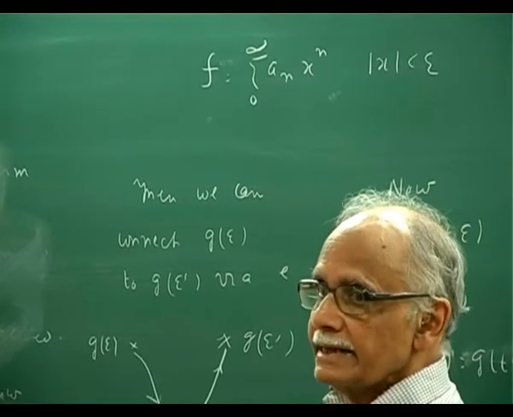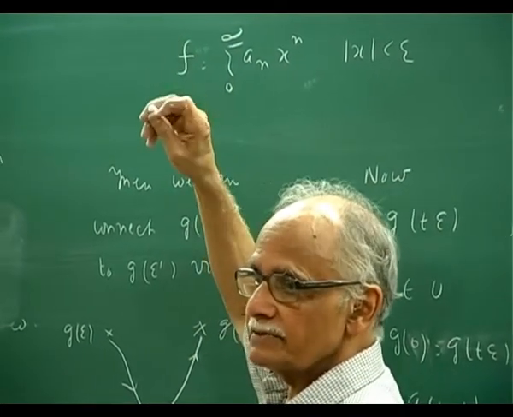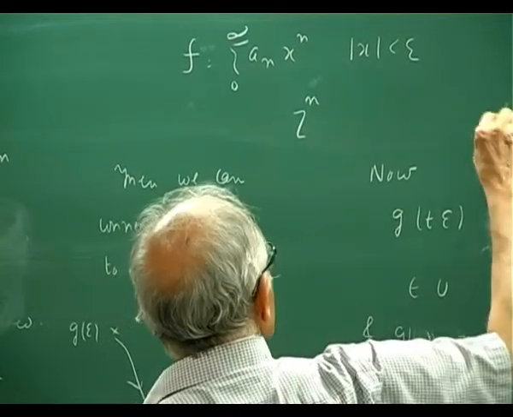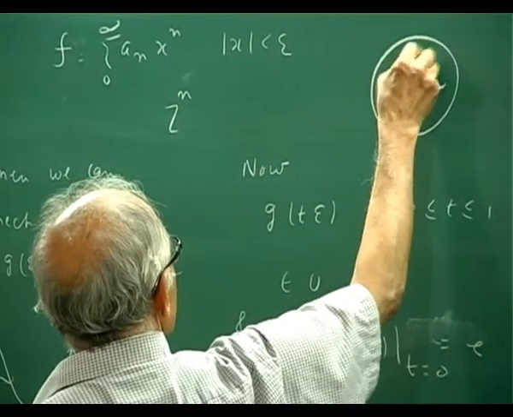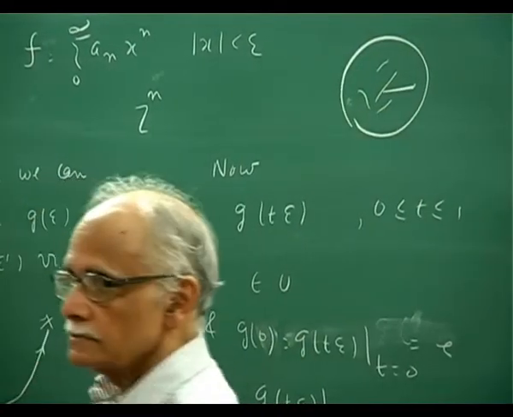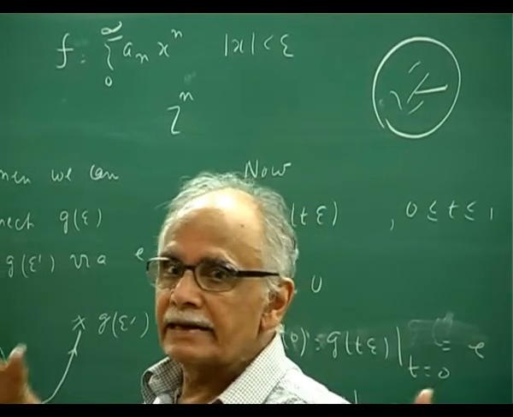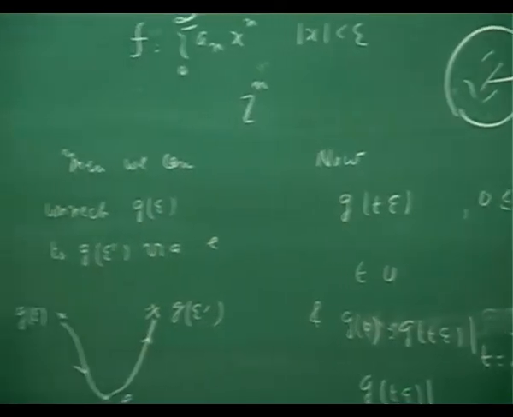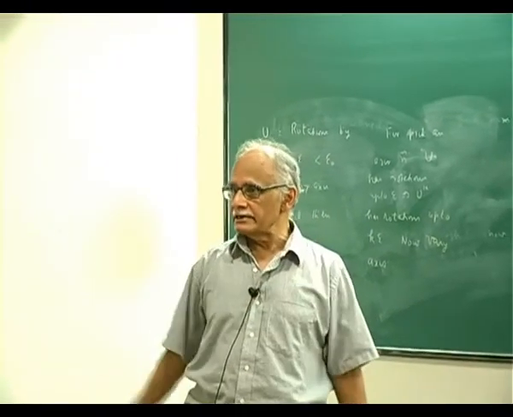Then by a standard theorem, this can be made into an analytic function by writing z to the n. If it converges on the real axis, you can make it complex analytic in some small region. You can analytically continue it. By theorems on analytic continuation, the function is unique. The analytic continuation globally is unique. This is called the germ of the analytic function. You can go on covering the whole plane.